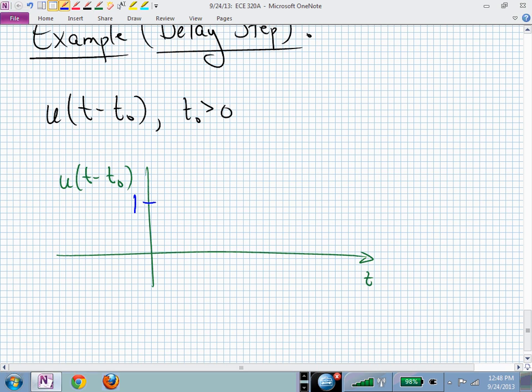So t greater than or equal to t0 is when it's going to be turned on. Whatever t0 was, maybe that was 4, maybe it was 1.5, it's something, we said it was positive. Now we know what the unit step looks like when it's delayed by a positive amount t sub 0.